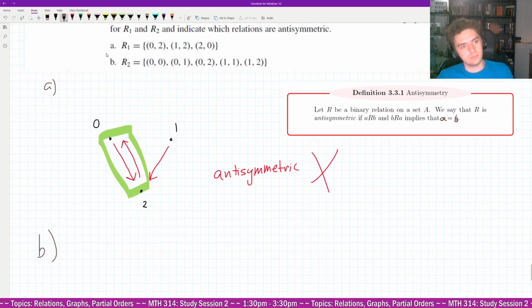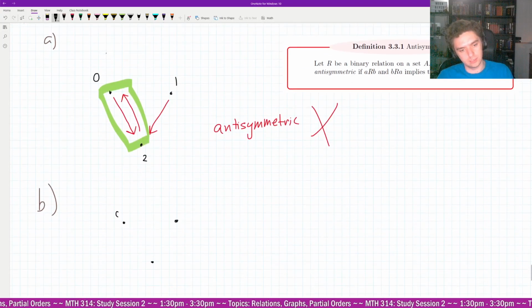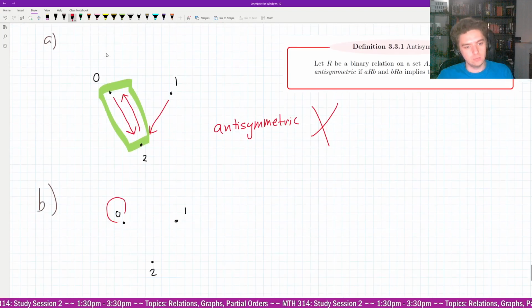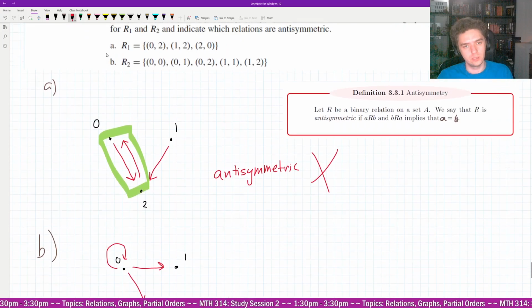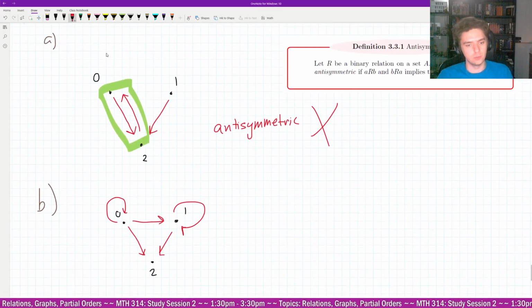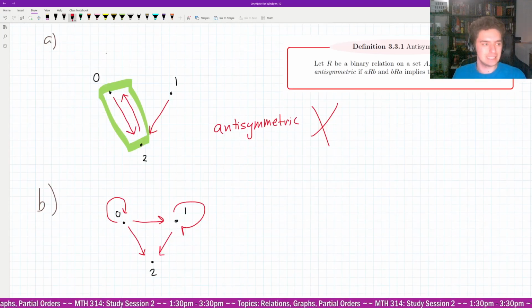B is again a relation on 0, 1, 2. We have 0 to 0, 0 to 1, 0 to 2, 1 to 1, 1 to 2. What do you think? Is this anti-symmetric?